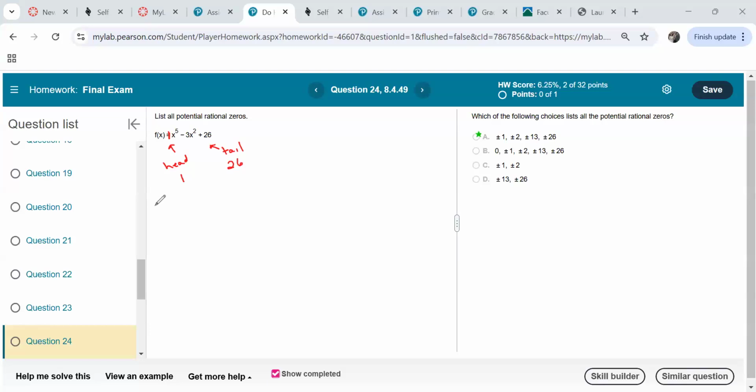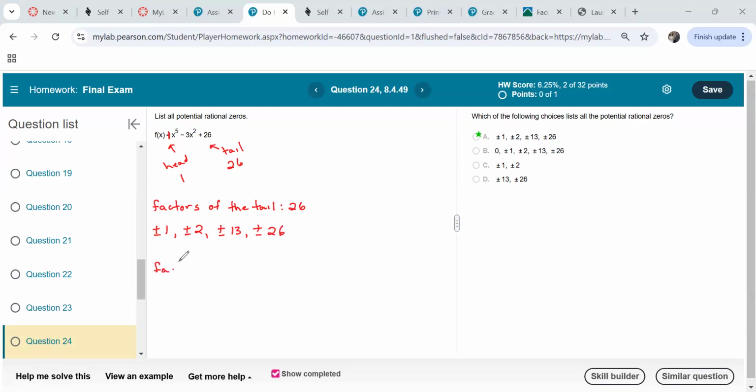So I'm looking for factors of the tail, which is my 26. So that would be plus or minus 1, plus or minus 2, plus or minus 13, and plus or minus 26.